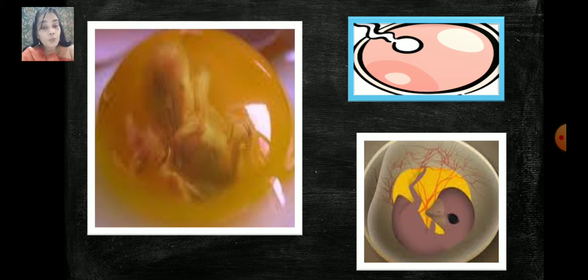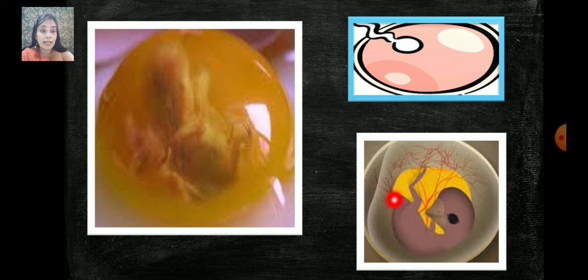What were you like when you were born from your mother's body? You were looking like a small, beautiful, cute baby, right? When you are inside your mother's body, you look like an egg, and after some months, you will look like this. The human being inside the mother's body will look like this. And what about the birds?